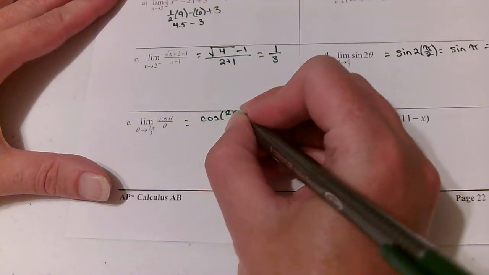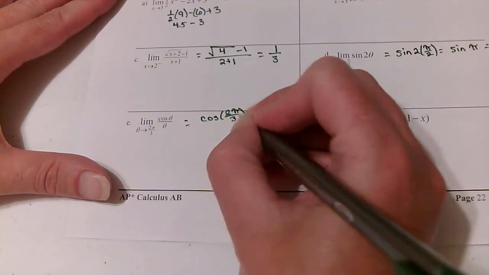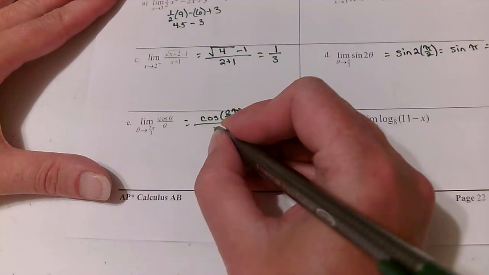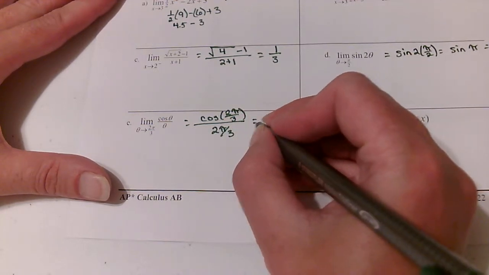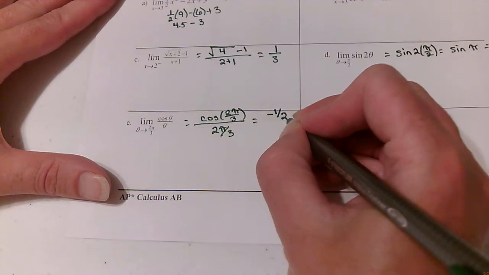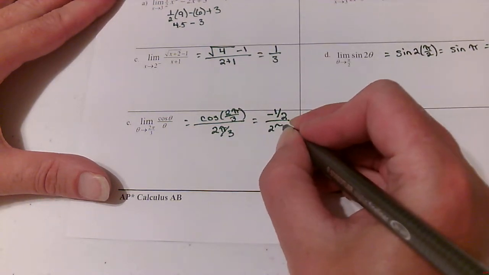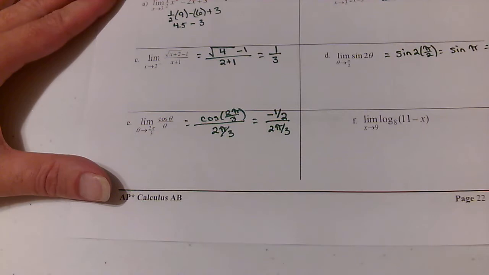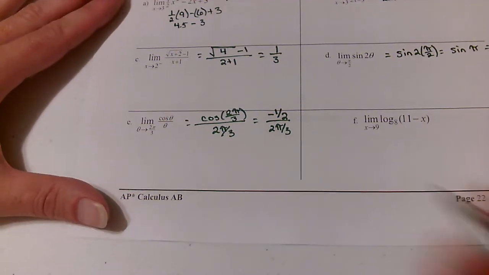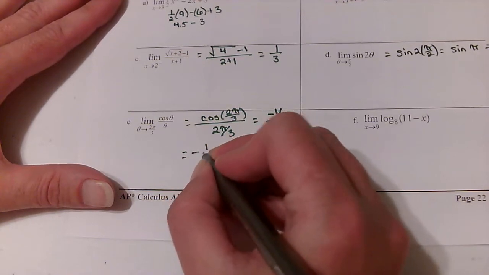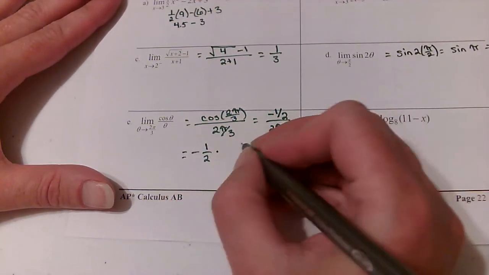Cosine of 2 pi over 3, over theta, which would be 2 pi over 3. Well, that's negative 1/2. See, if I'm dividing by a fraction, that's the same as multiplying by the reciprocal.